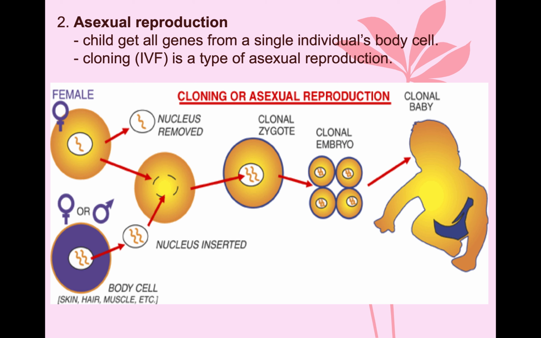In vitro fertilization, or IVF, is one form of this, whereby the egg and the sperm are fused or fertilized outside of the human body. Apart from that, you could also create a baby from a single individual's body cells, but you still need an egg to let the fertilization occur later on to produce an embryo.